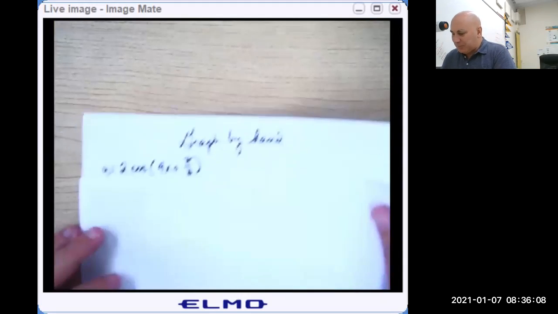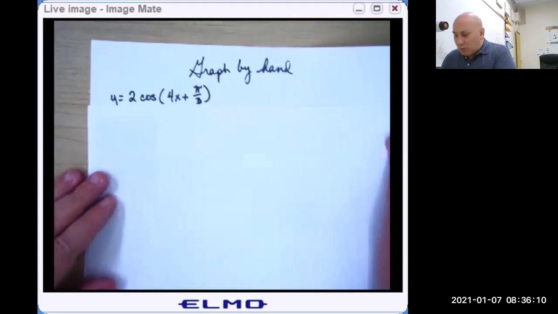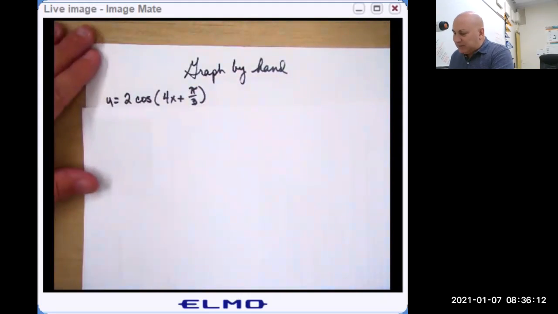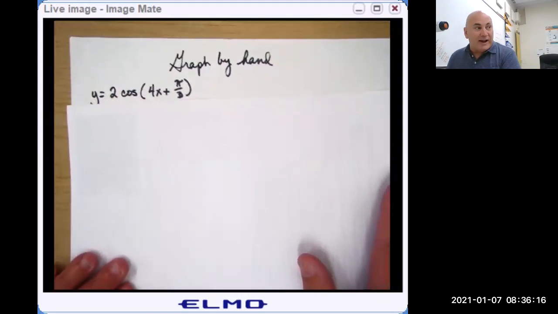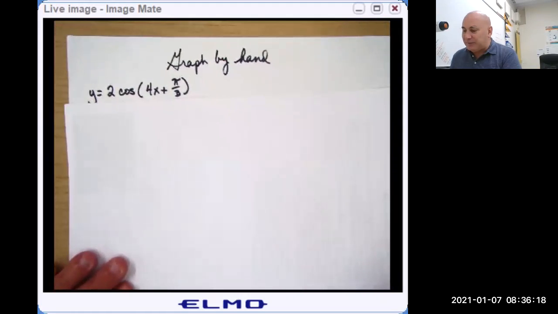I also have another function for you. We're going to graph this one by hand. So just make a note of this now. Leave yourself some room. Y equals 2 times the cosine of the quantity 4x plus pi over 3. Write that down. Leave yourself plenty of room to graph by hand.